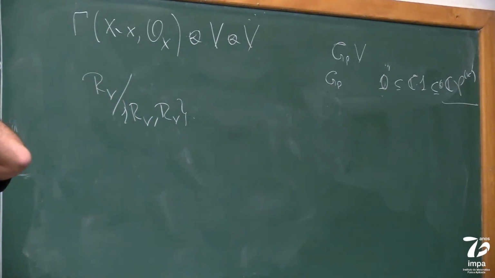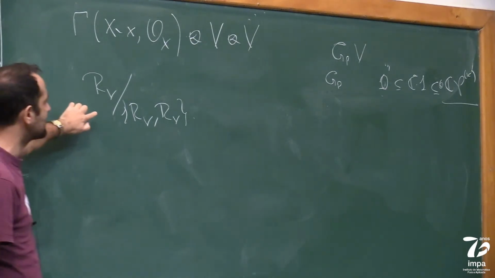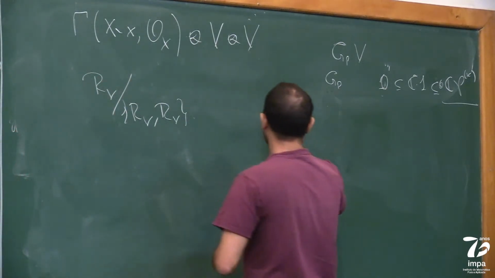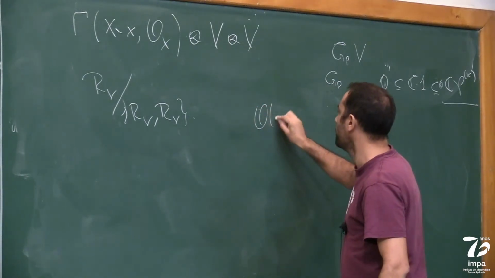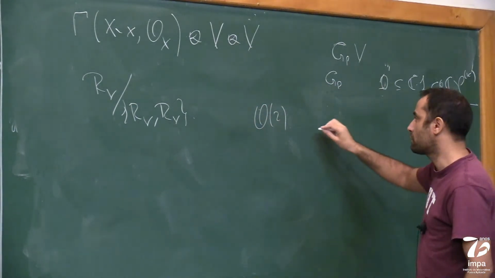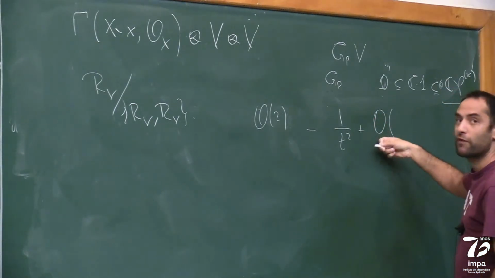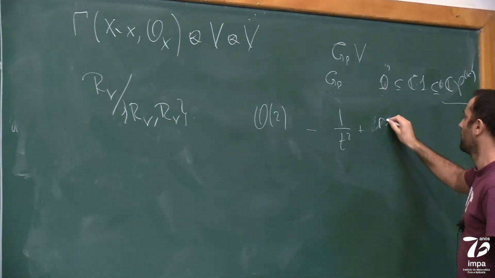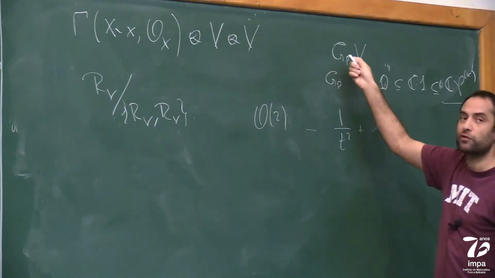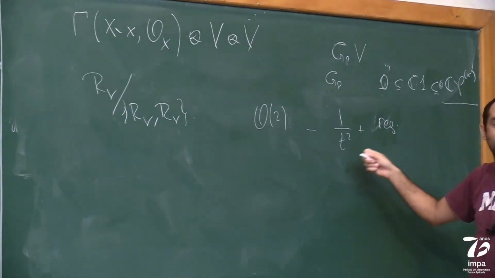So the question is, does this work for arbitrary genus? The only thing we needed is that we had a section P, a section of O(2P), that was locally of the form 1 over t squared plus something that is regular. Given the properties of the filtration for the vertex algebra, that's all we needed.